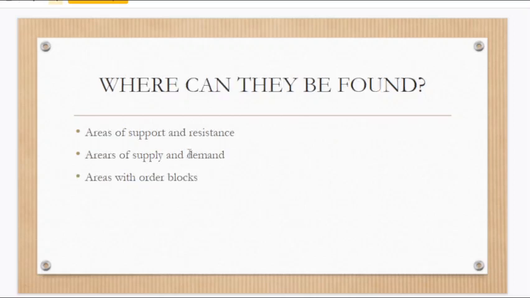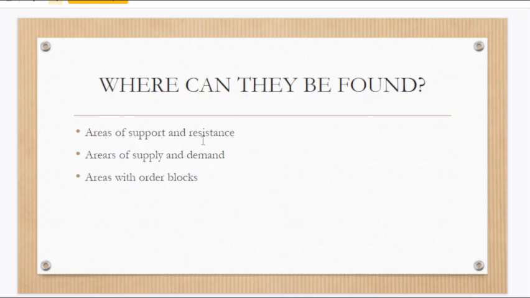Okay, where can they be found? This is a very important thing. These are the main criteria for why you should take the trade: how you can know these market imbalance areas. Areas of support and resistance. The moment you see an area of support and resistance, just know that there is more likely to be an area of imbalance that is going to occur.